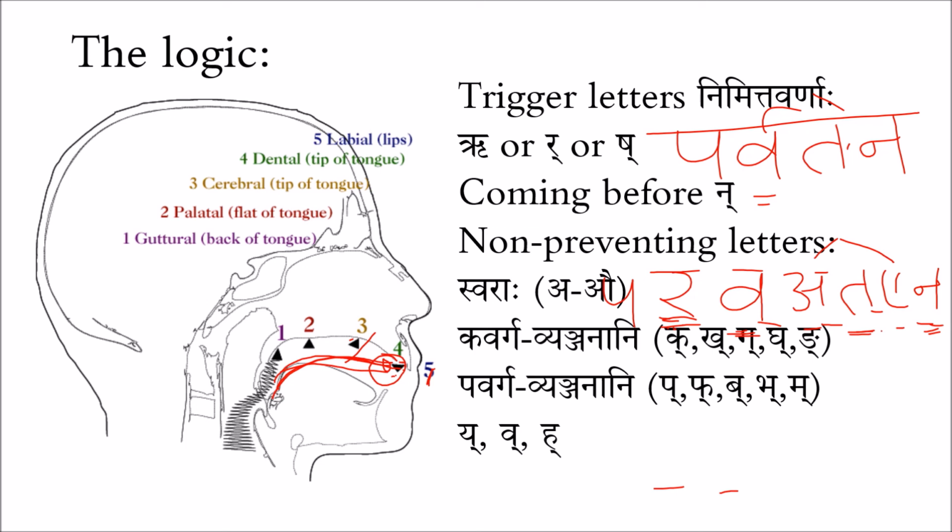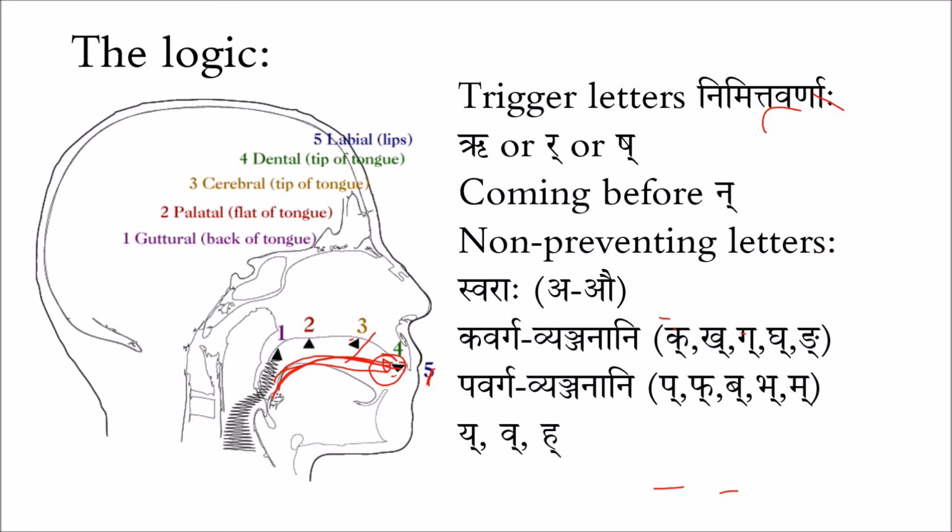So these are the basis, or the rules, behind how this natvam, or na changing to ṇa, is formed. This is the logic of generally any sandhi, or joining of letters, in Sanskrit. It is not a difficult rule to understand any sandhi.